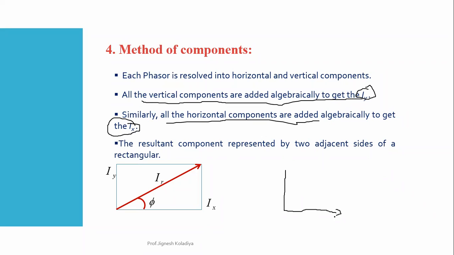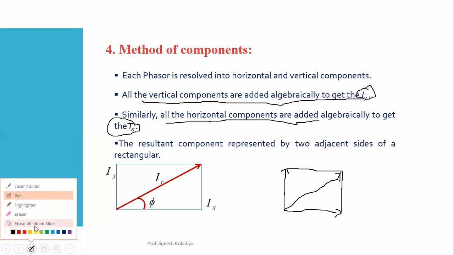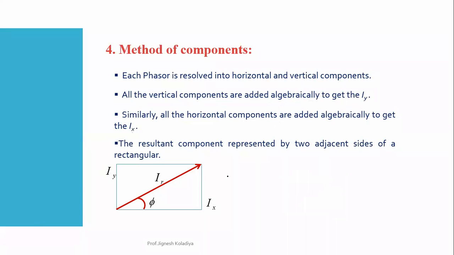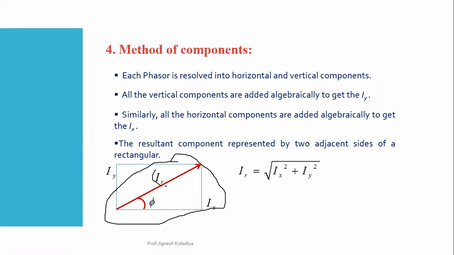Okay, so if I just apply this parallelogram method over here, I will get the resultant like this. So it is very simple, right? You just have to take this triangle and apply Pythagoras. So IR is equal to square root of Ix squared plus Iy squared.